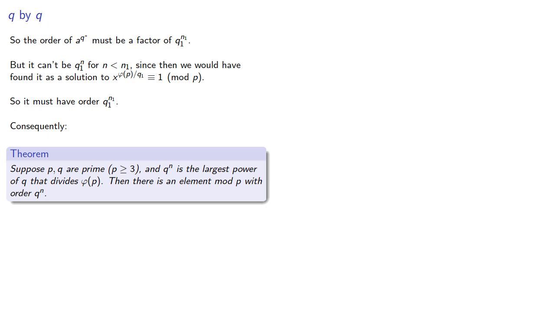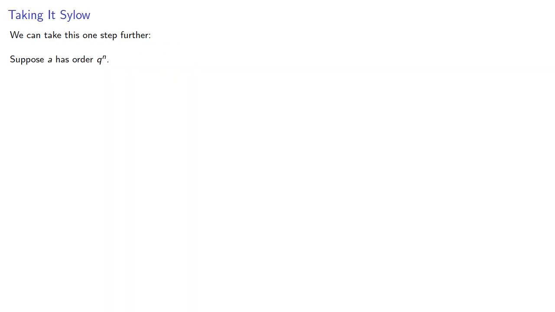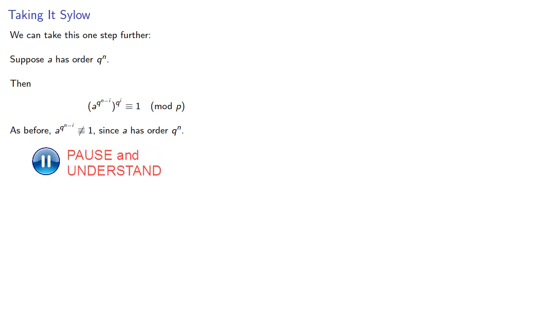So it's useful to consider the consequences. We can take this one step further. Suppose a does have order q to the n. Now we can break that exponent apart, and as before, this internal expression can't be congruent to 1, since, by assumption, a has order q to power n.